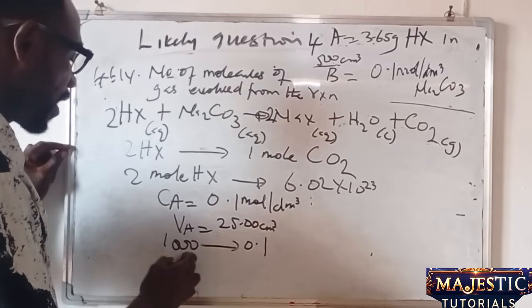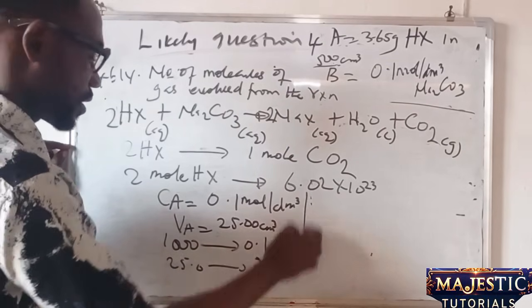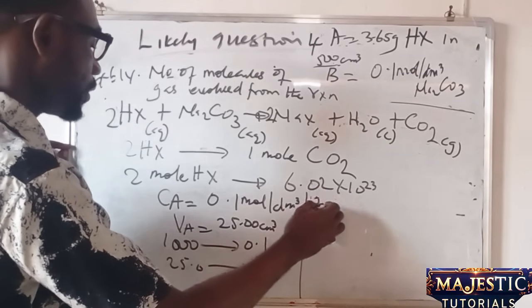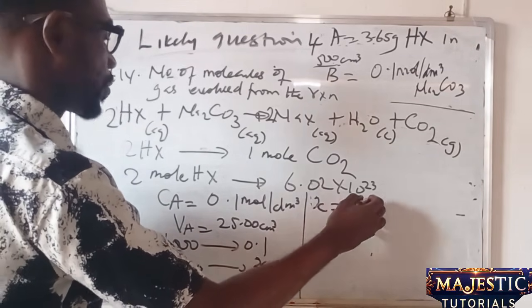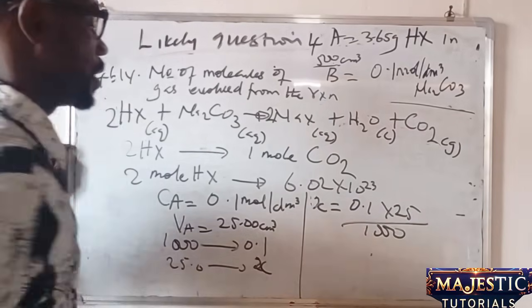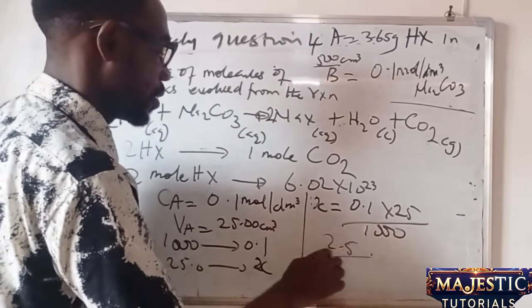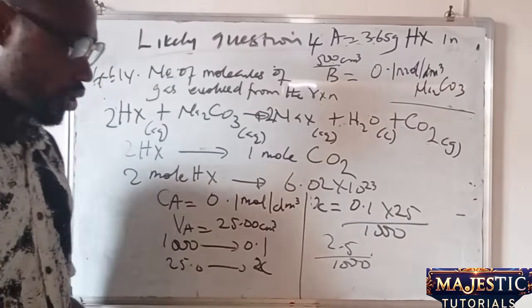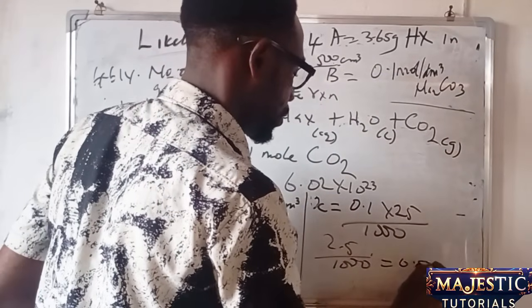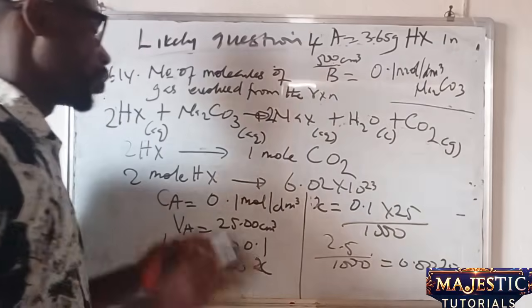What will 25 contain? Call it x. x will be equal to 0.1 times 25 all over 1000. So 2.5 divided by 1000 will be our answer, because 0.1 times 25 is 2.5. So we have 0.0025 moles. That's the mole we use.